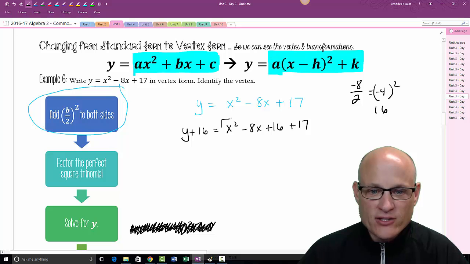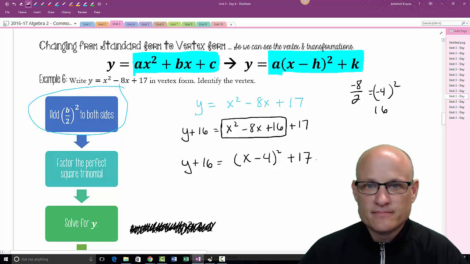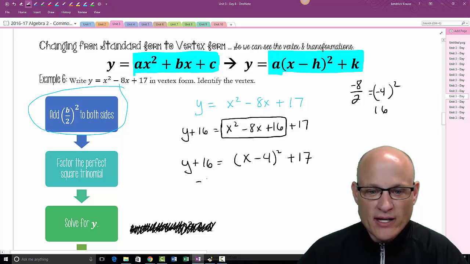We're going to factor just this part of it. So I get y plus 16 equals (x minus 4) squared plus 17. Now I want to solve for y. So I'll subtract 16, and I get y equals (x minus 4) squared plus 1.